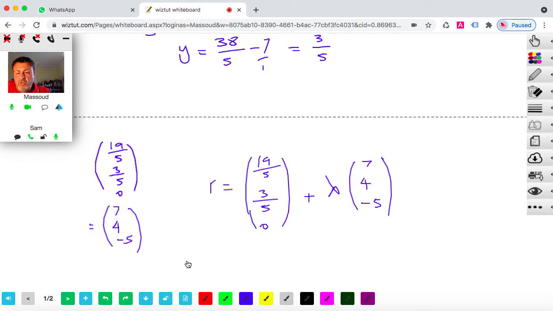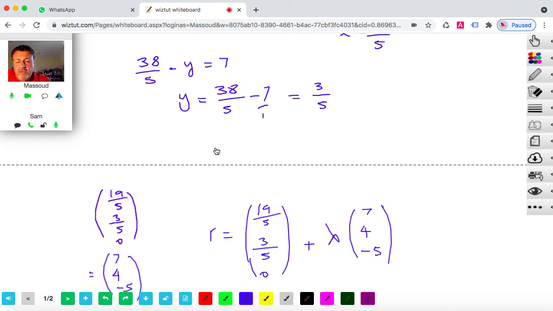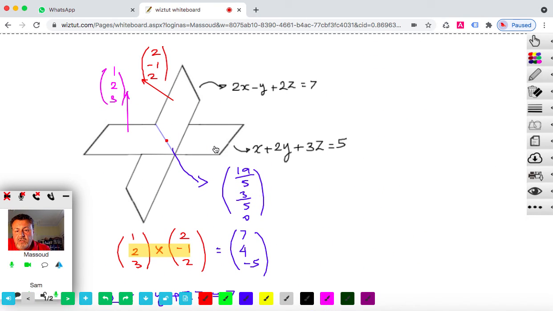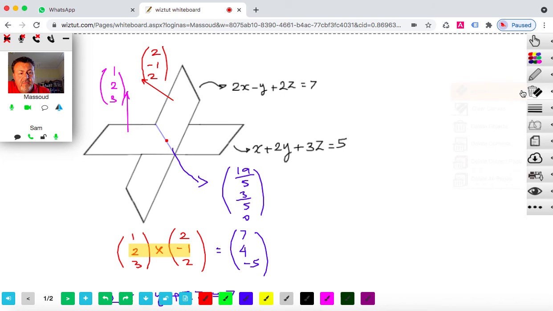So to go over what we did quickly: we cross multiplied this vector by this vector, which is vector multiplication, and that produces a vector perpendicular to both of these, which is exactly what this line is capable of being.